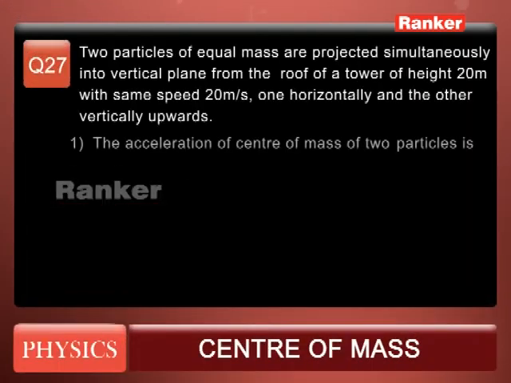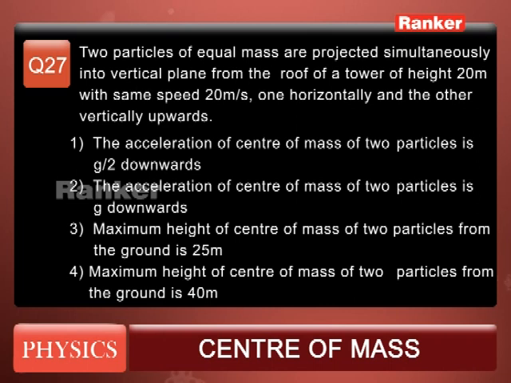Now question number 27. Two particles of equal mass are projected simultaneously in a vertical plane from the roof of a tower of height 20 meter with the same speed of 20 meter per second, one horizontally and the other vertically upward. Now the four options are given. Option 1: the acceleration of the center of mass of the two particles is g by 2 downwards.